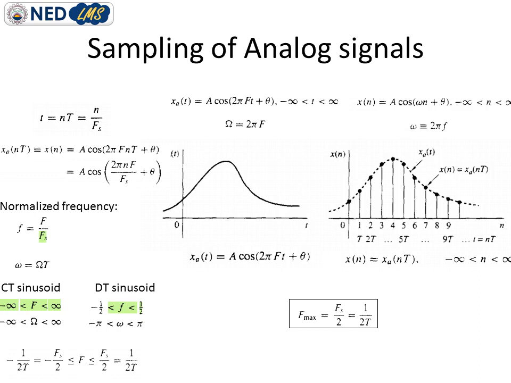This relationship actually tells us that if we obtain a discrete time sinusoid by sampling a continuous time sinusoid, and we do the sampling at a particular sampling rate denoted by Fs, then at that particular sampling rate we can have a particular value of F max.